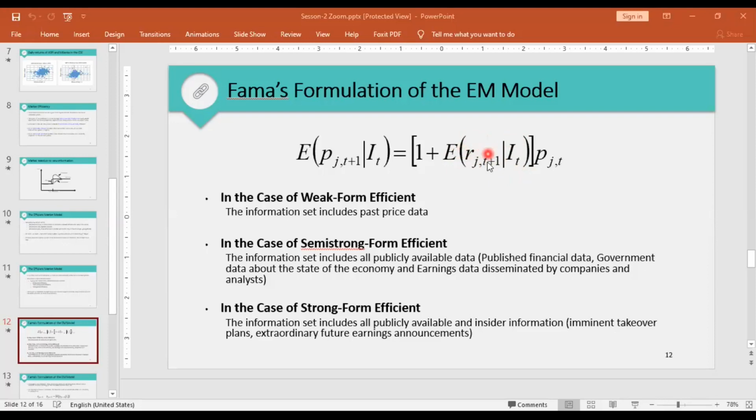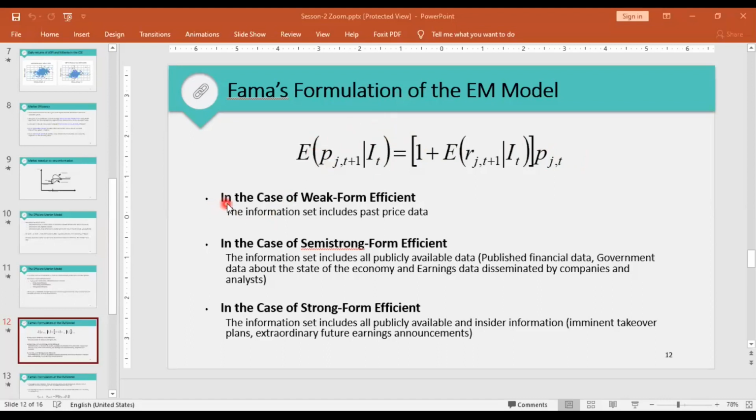If you multiply the price right now, PJT, by 1 plus the expected return, it is like calculating future values. Current value is multiplied by 1 plus R, so it will be equal to the future expected value.